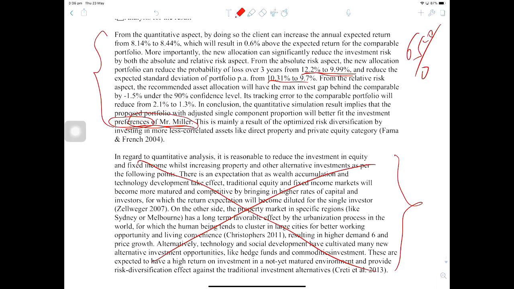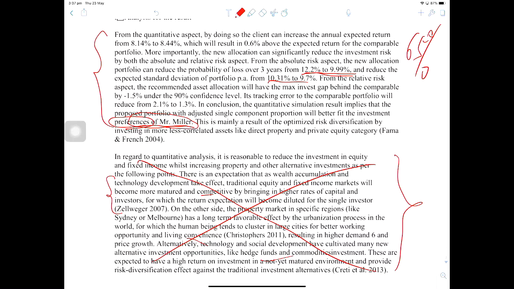So the first paragraph only discussed the recommended asset allocation and how this will help the clients to meet the quantifiable risk measures. So it looks like in the second paragraph, the group tried to discuss inefficiencies in the traditional asset class.